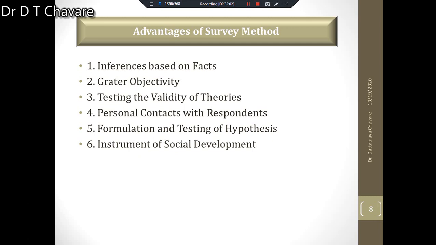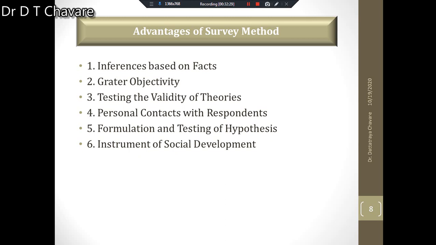Then next advantage also we have to understand, personal contacts with respondents. Face-to-face contact is possible. Direct communication is also possible. It means that survey method enables the researcher to establish direct contacts with the respondents and know the ground realities about phenomenon under investigation.